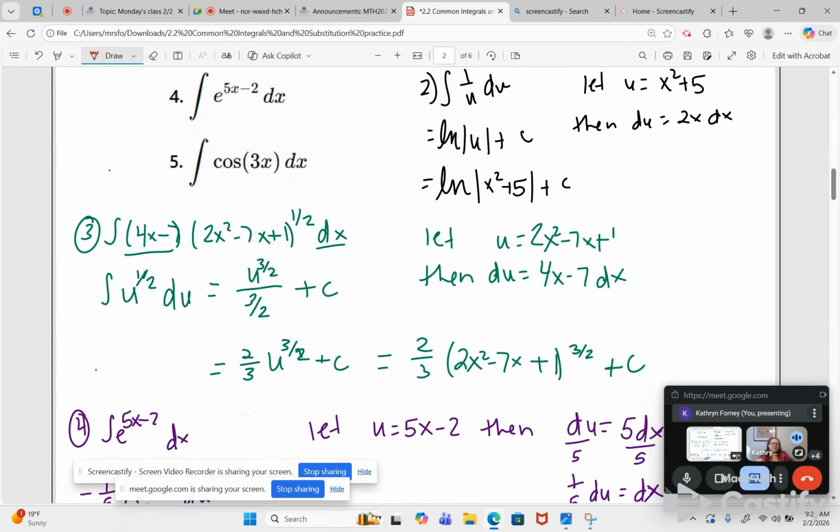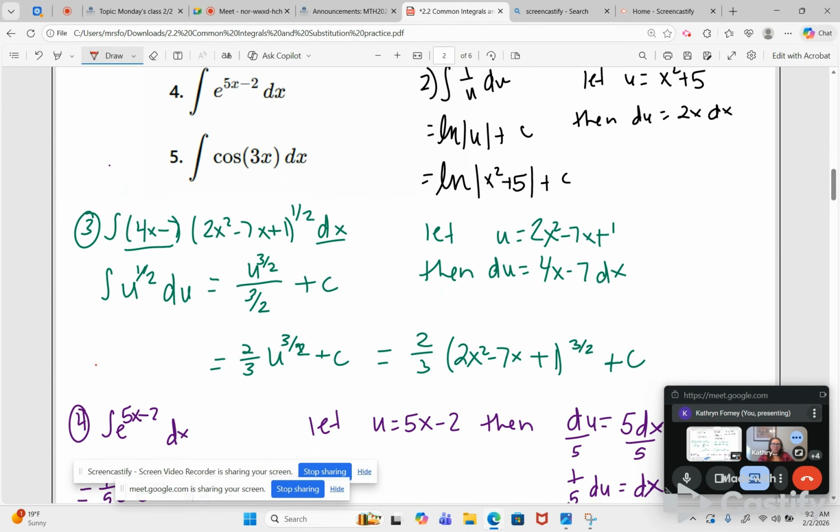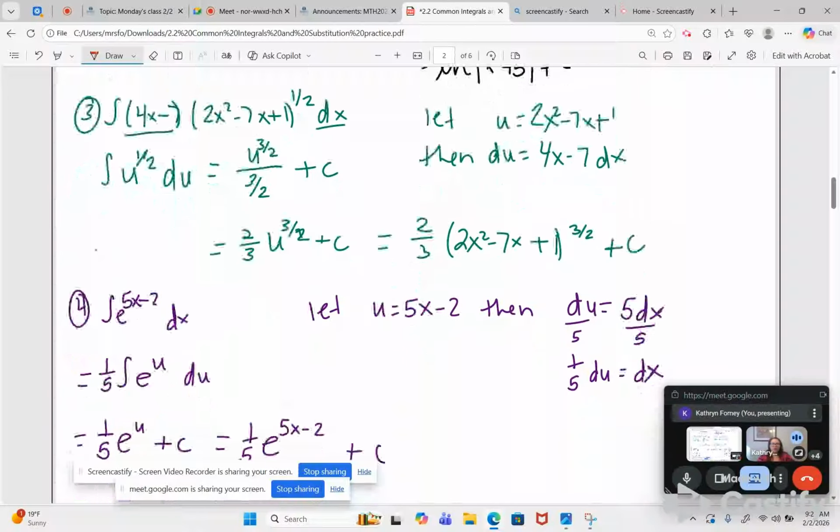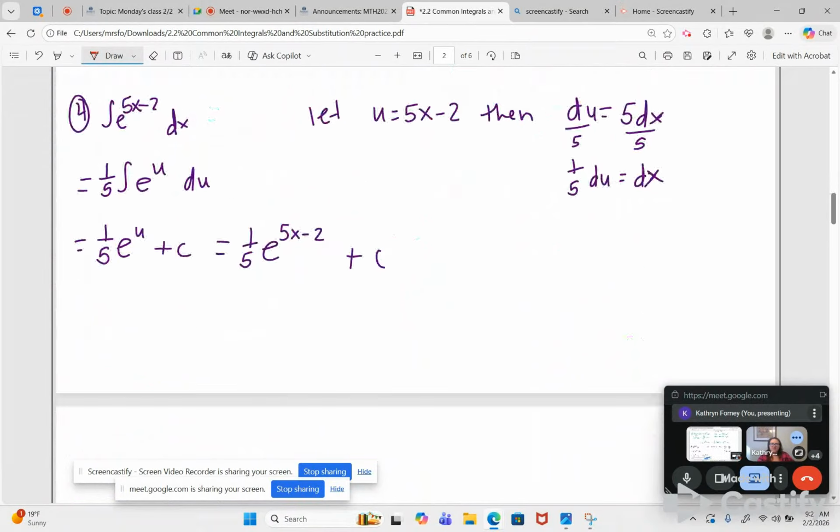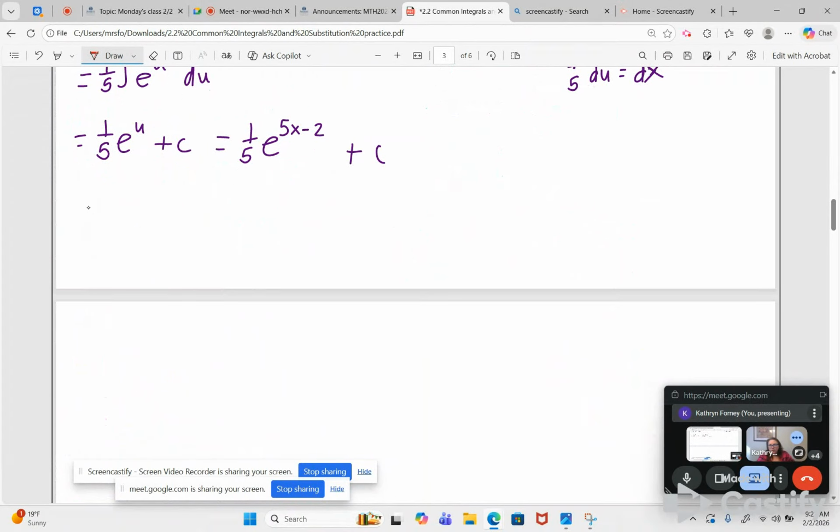And that's going to be similar in this number 5 with the integral of cosine 3x. So if we're looking here, we have the integral of cosine 3x dx. So our inside function is 3x.